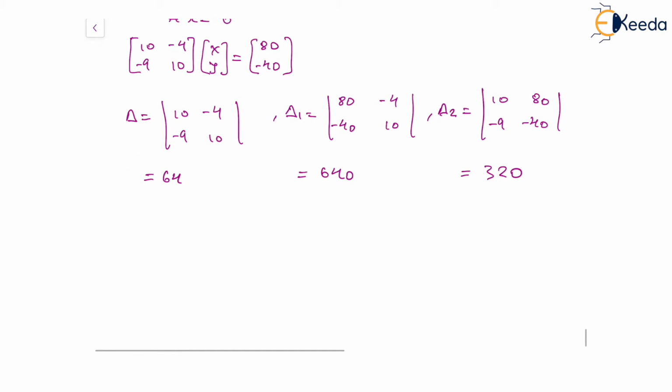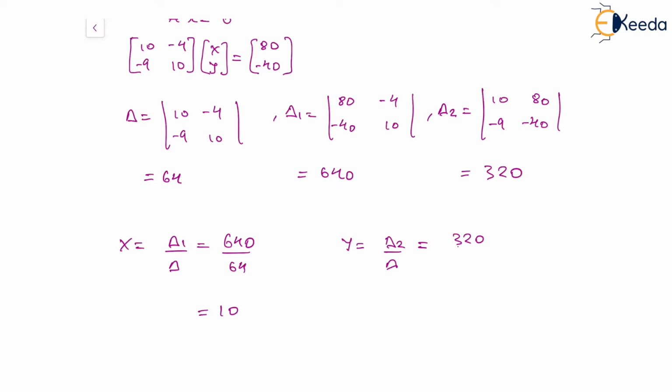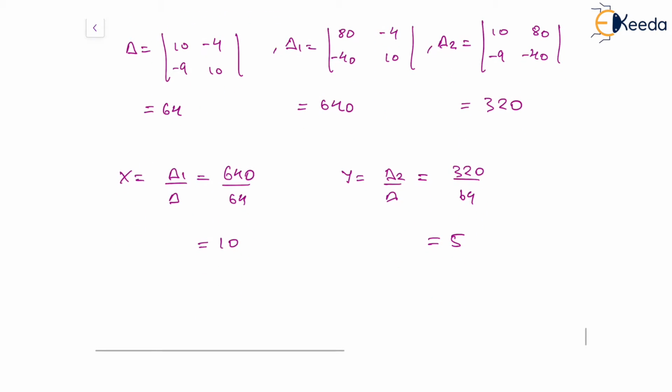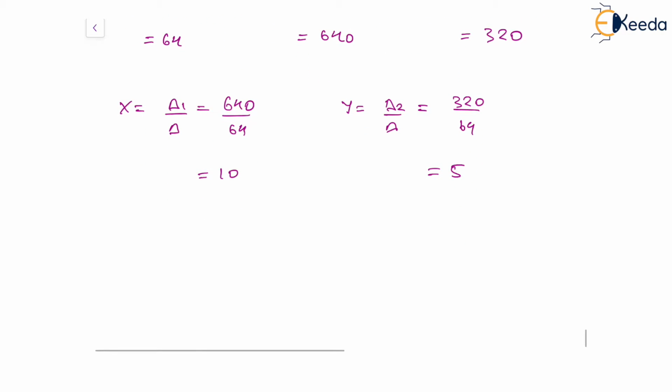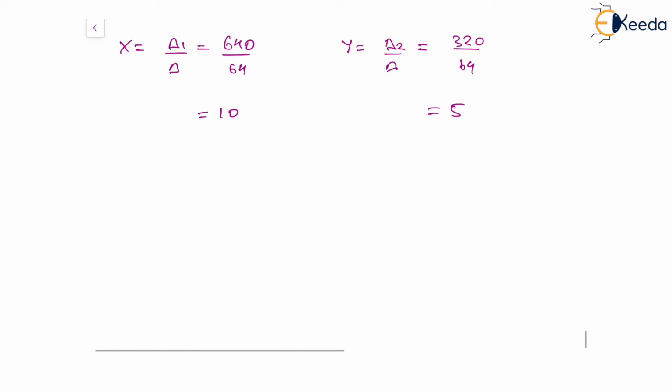So from here x will be equal to del 1 over del, that is 640 over 64, which is equal to 10. Similarly, y will be equal to del 2 over del, that is 320 over 64, which is equal to 5. So we have found x and y, which is the point of intersection of the two regression lines, and we know that these values are nothing but the mean of x and y.